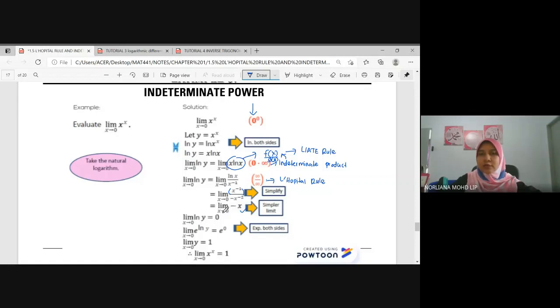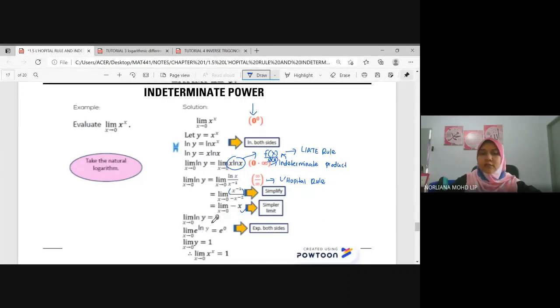Then we substitute x equal to 0 into this function. So we get 0. The right hand side limit is 0. So the left hand side limit of ln y where x approaches 0 equals 0.